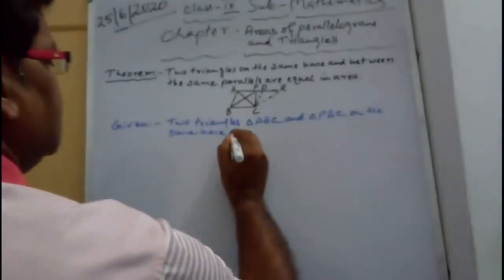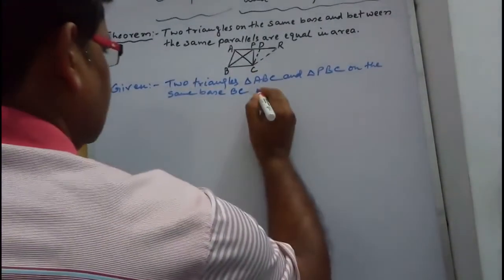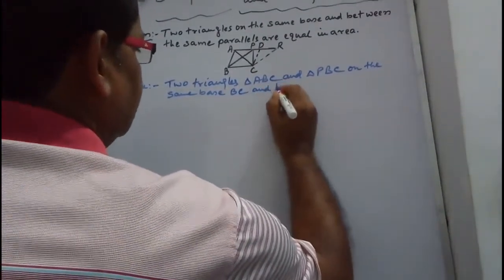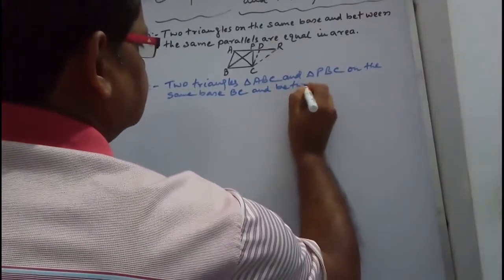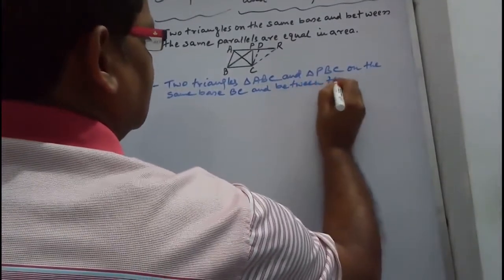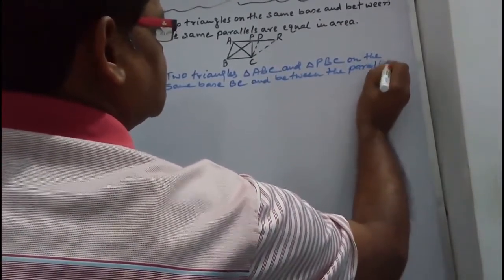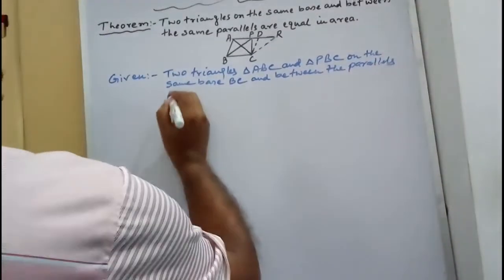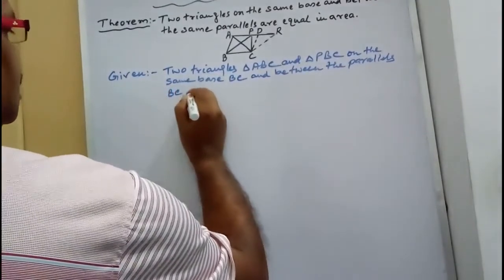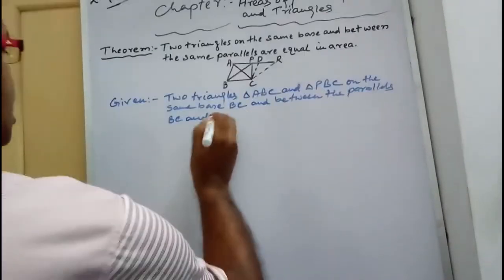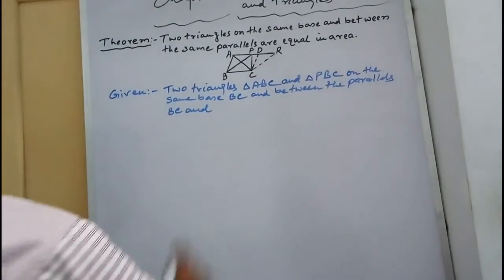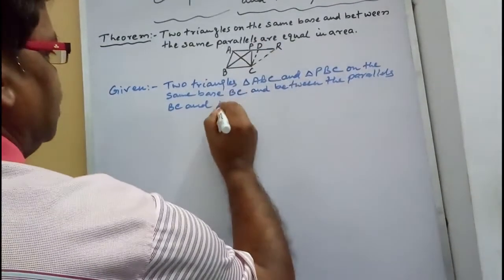Both lie on BC, so same base BC, and between the parallels BC and AP.